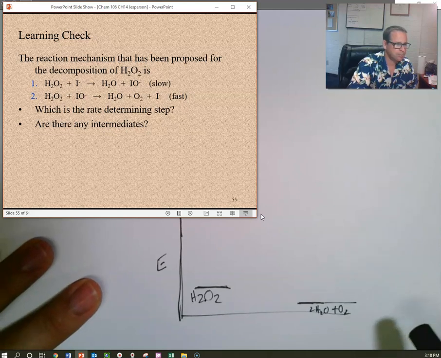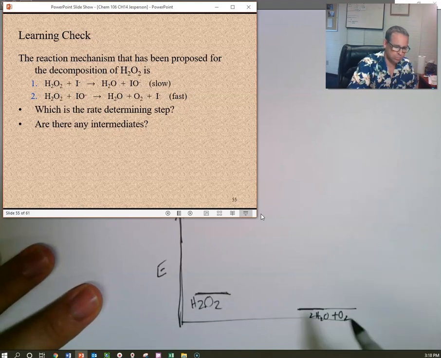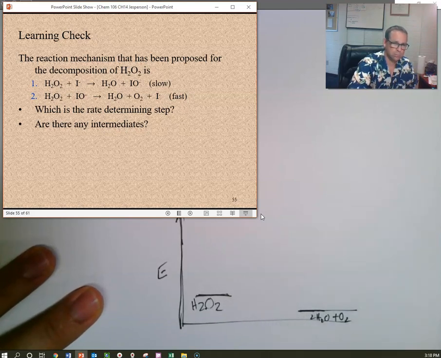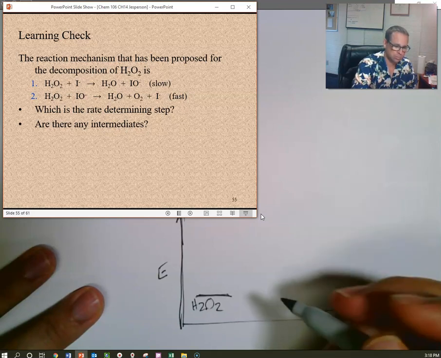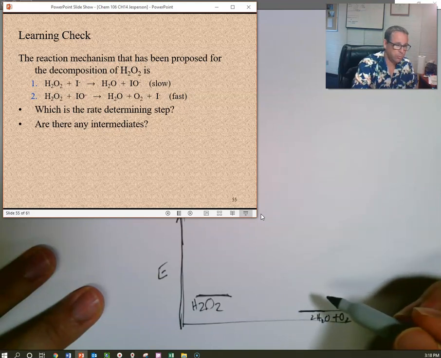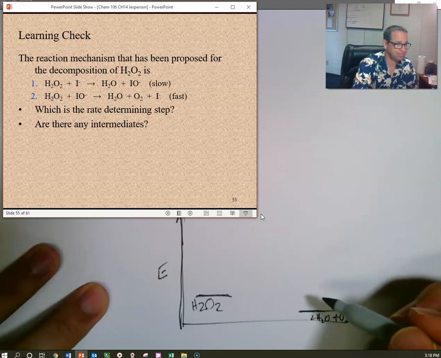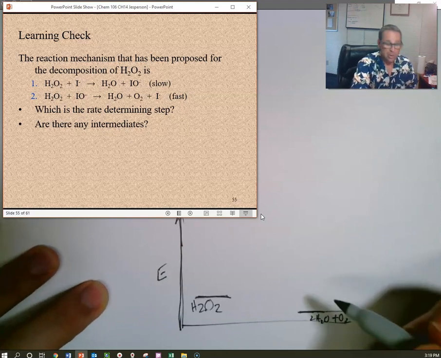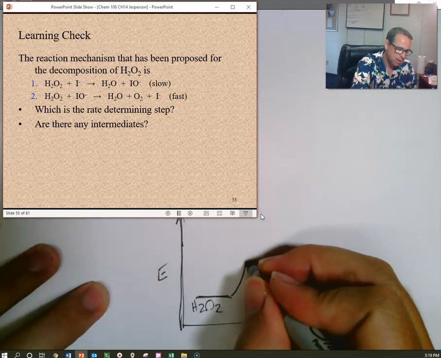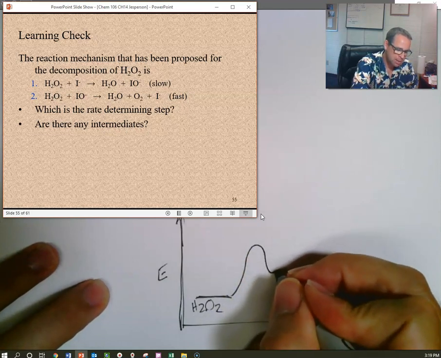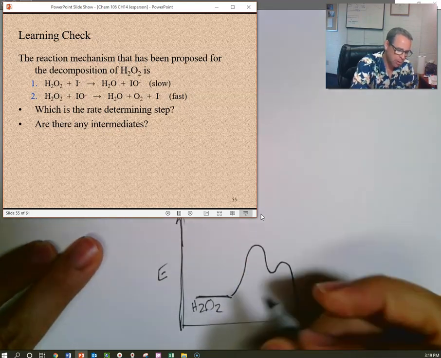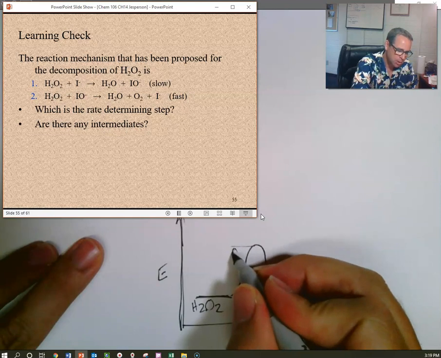What do you think, Sarah? The first. The first, just like you said, because it's the slowest step, therefore it has the highest activation energy.